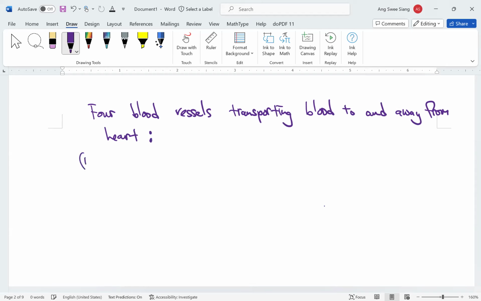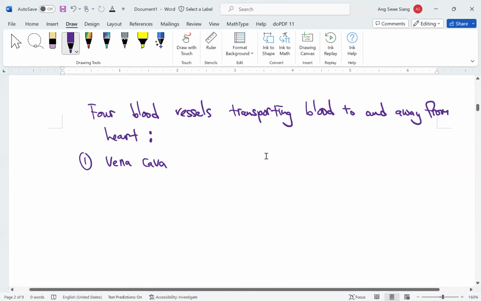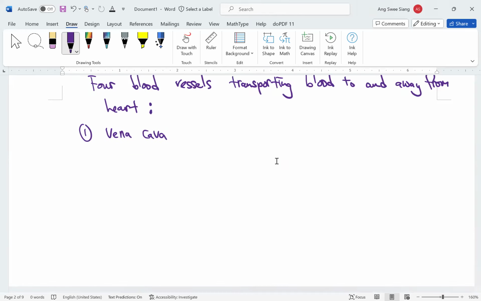Let's start with the first one: the vena cava. If you have your textbook with you, you can turn to the page where you can see the human circulatory system, and locate where the vena cava is. Then the second one will be the pulmonary artery.